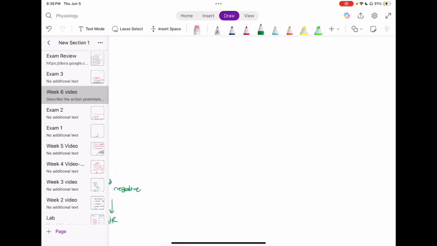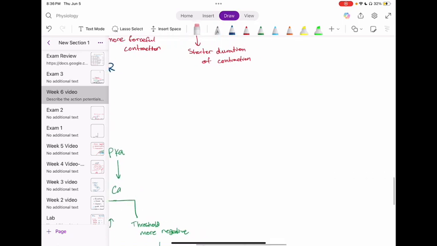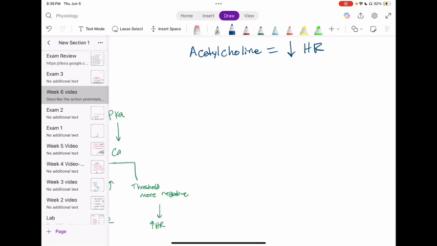Next, we're going to talk about the negative chronotropic actions. And this is all caused by acetylcholine. So, as we talked about before, acetylcholine has a lot to do with the parasympathetic nervous system and the stimulation of muscarinic receptors.